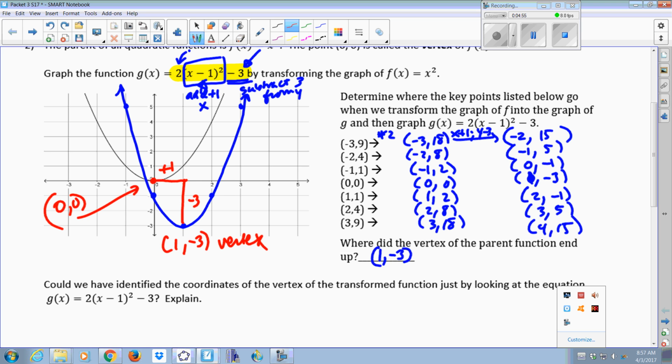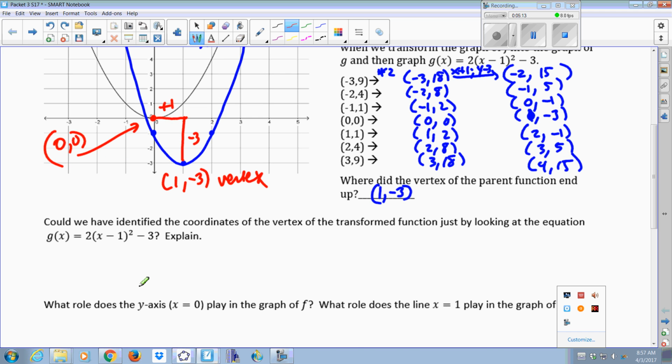So you see, now that we know transformations, we can look at any function and go from the parent function to the new function without having to graph the whole thing. Literally, just take 4 or 5 points from our original function, move them to the right one and down 3. That's all we did.